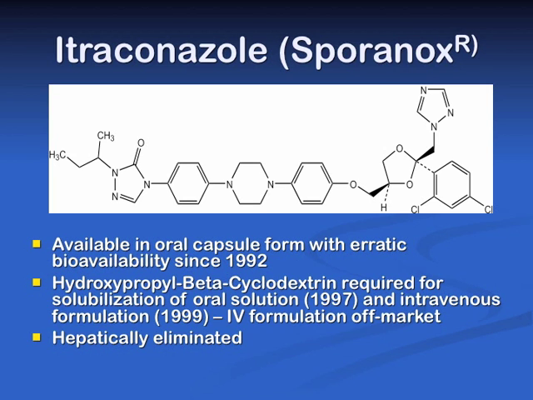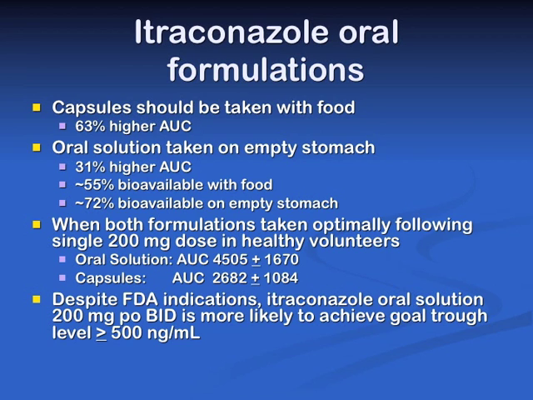And so itraconazole, unlike fluconazole, is hepatically eliminated. There are some things to be aware of when it comes to the PK of itraconazole, particularly absorption. The capsules should be taken with food for maximal absorption, whereas with the oral solution with a cyclodextrin solubilizing agent, you actually get better AUC if taken on an empty stomach.